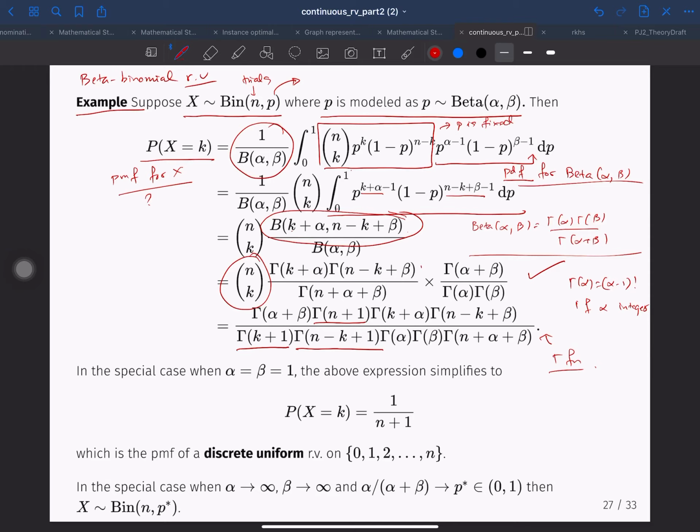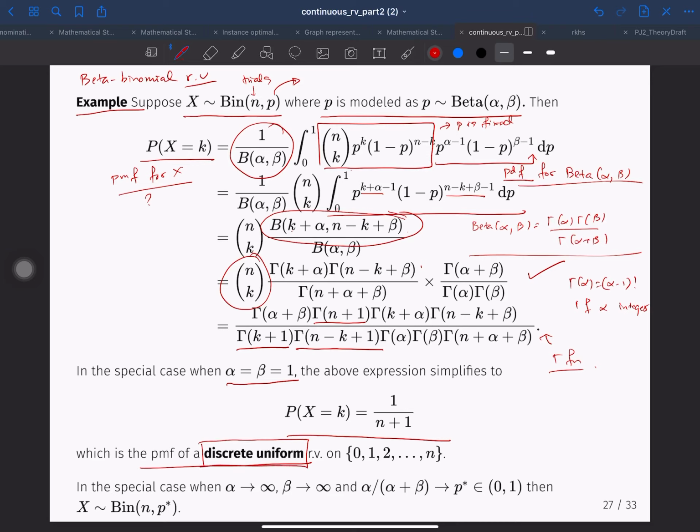In the case when alpha equals beta equals 1, the above expression simplifies to this PMF, which is nothing more than the PMF of a discrete uniform random variable. So if alpha equals beta equals 1, we get discrete uniform.